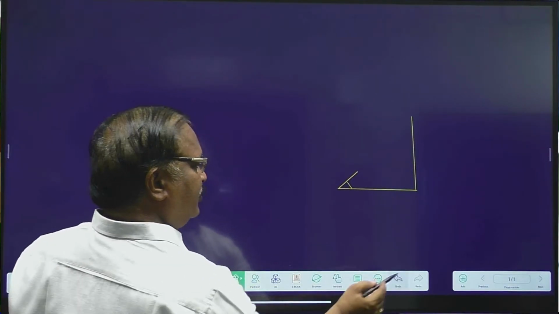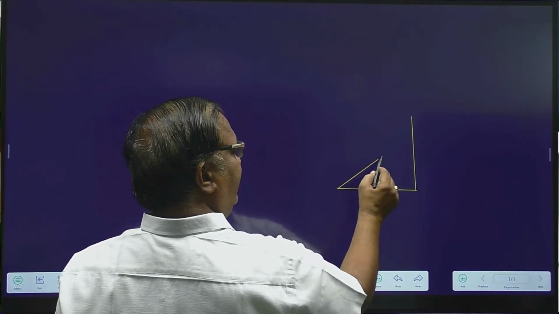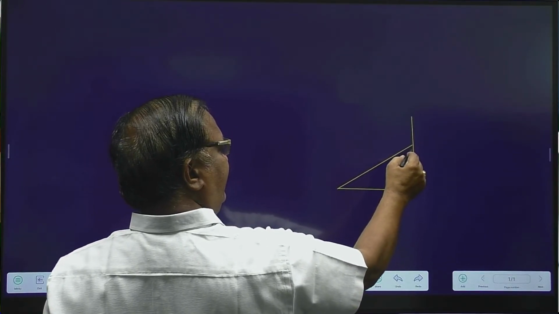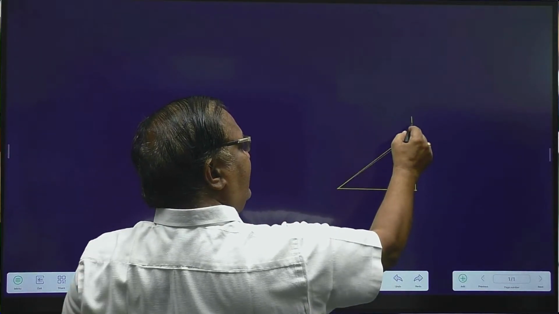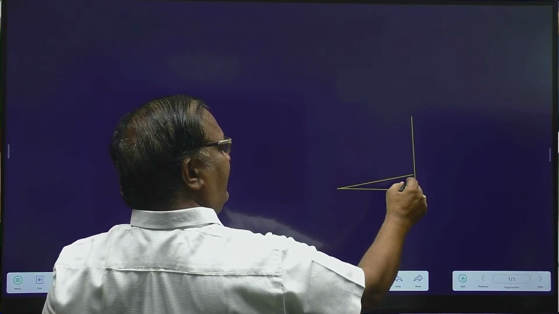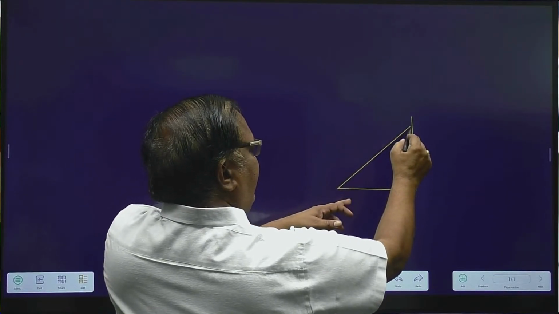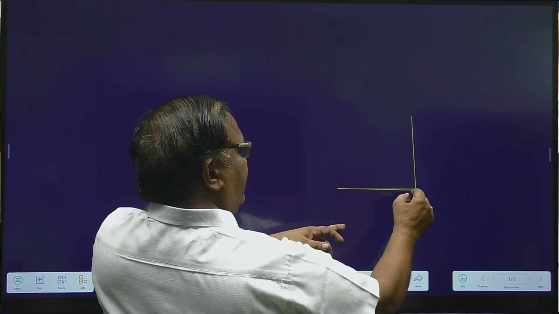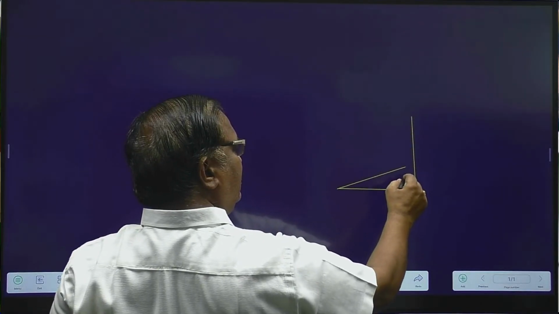I will show you how it will come. First I have to make 0 degrees. What happens if I decrease the angle? The height is becoming less, and slowly it will become 0. When this angle is 0, the opposite side, that means the height, becomes 0 and the hypotenuse is falling on the adjacent side.